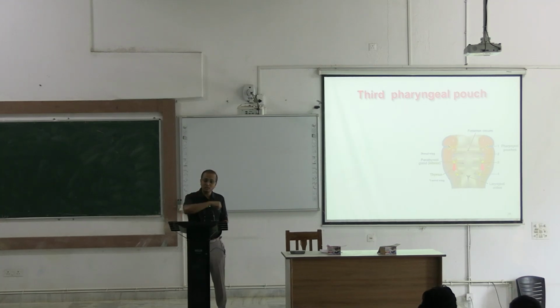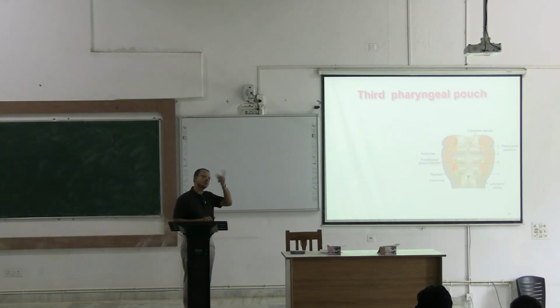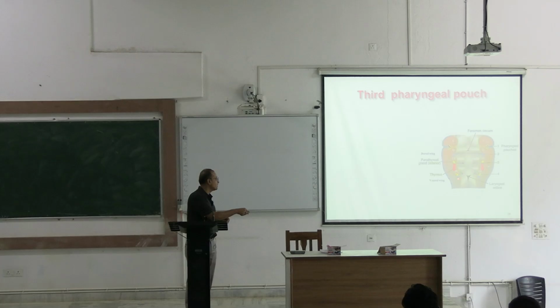The parafollicular cells, we call them C cells, produce the hormone known as calcitonin. That C cell producing calcitonin is sourced from this blue structure, that means half of the fourth pharyngeal pouch.